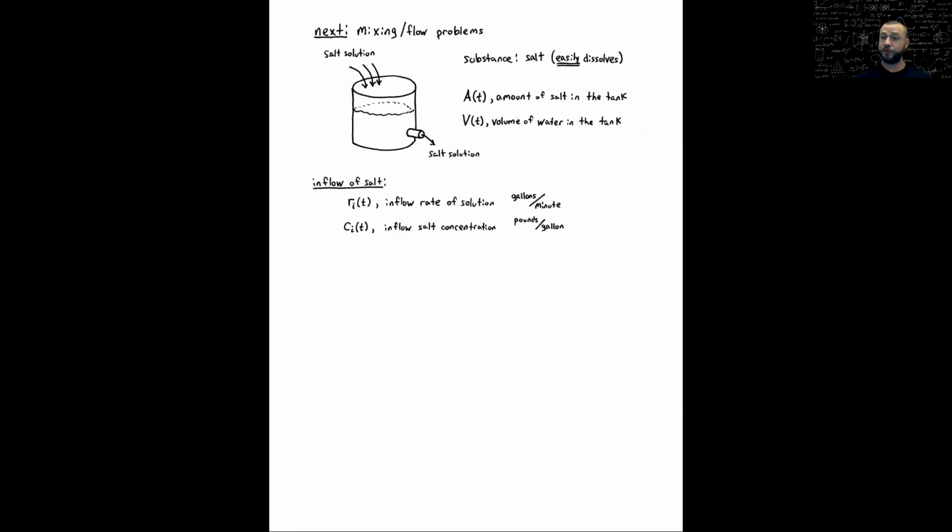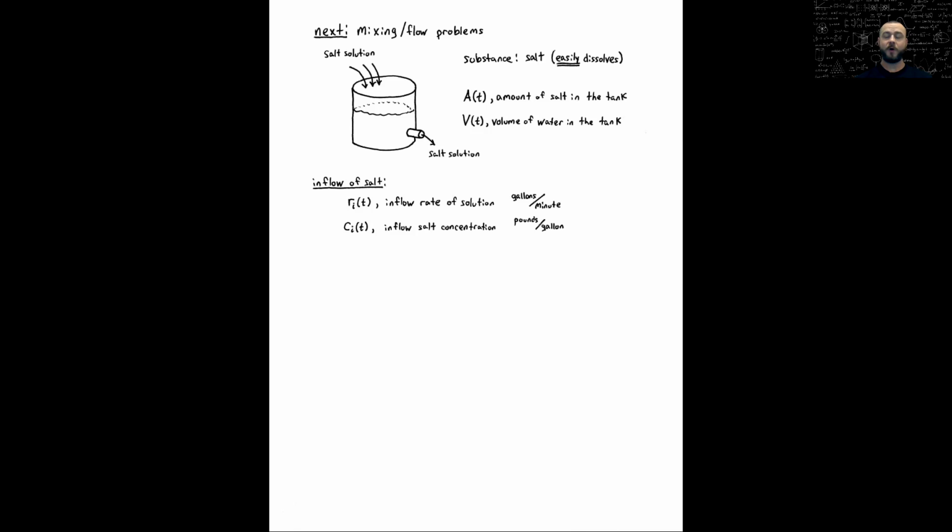The inflow rate of solution, we're going to say it has units of gallons per minute, so a total amount of liquid flowing in per time. And then the inflow salt concentration will have units of pounds of salt per gallon.